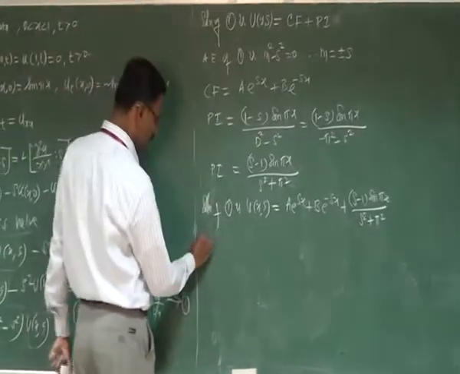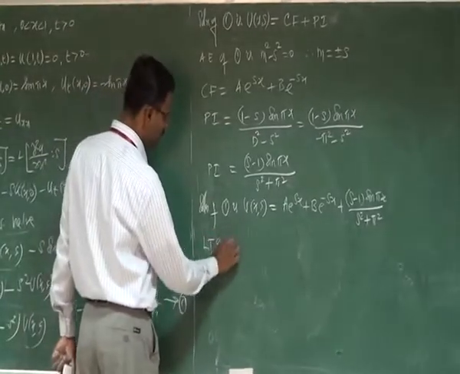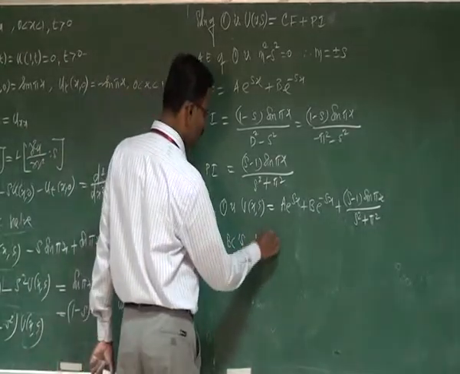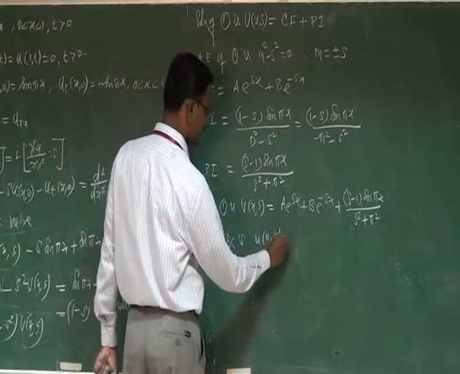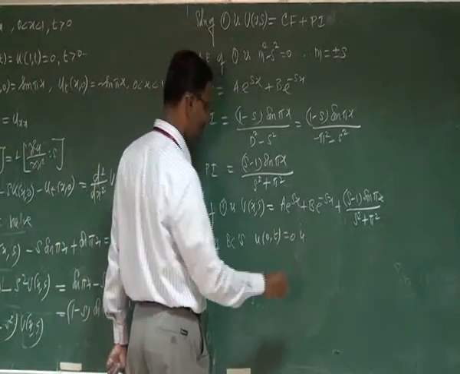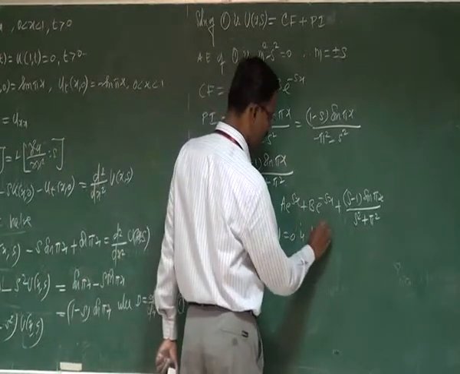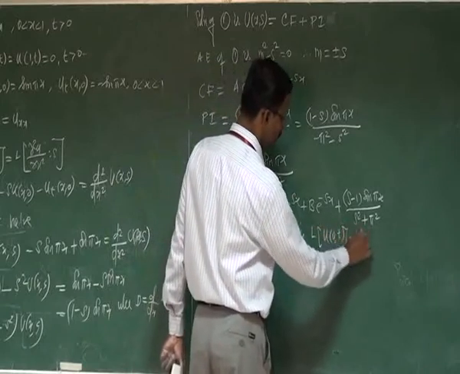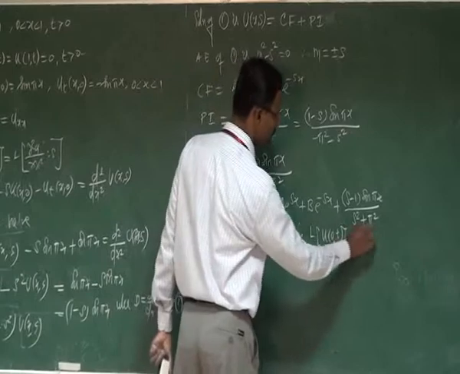Now the Laplace transform of the boundary condition u of 0 comma t equals 0 is the Laplace transform of u of 0 comma t equals the Laplace transform of 0.